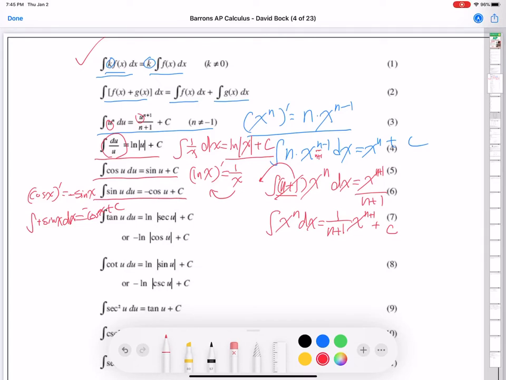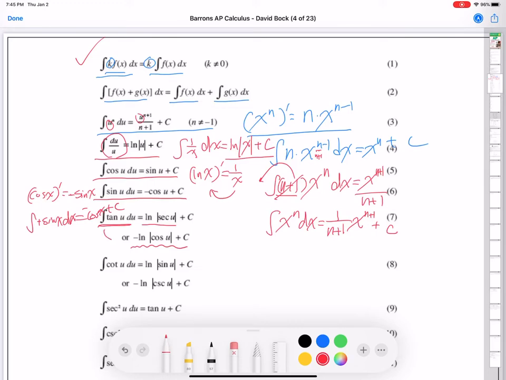What about tangent x? We have no formula where any function's derivative is equal to tangent. So it's kind of a new formula, you have to memorize it. So integral tangent u is equal to ln absolute value of secant u, or I use the second one more than the first one, negative ln absolute value cosine u plus c.